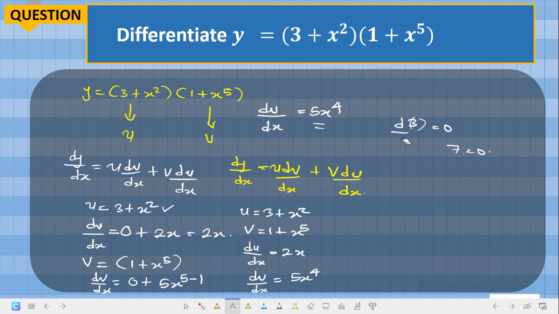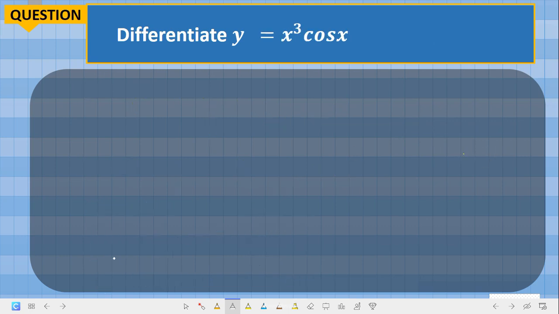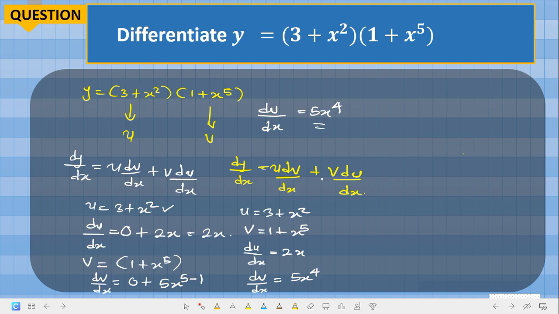So substituting in, what are we going to have? Dy over ds is equal to, what is our u? It's 3 plus s square, times dv ds, which is 5s raised to the power of 4, plus, where's our v?